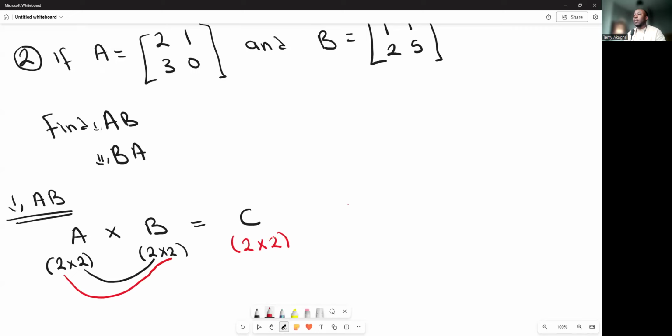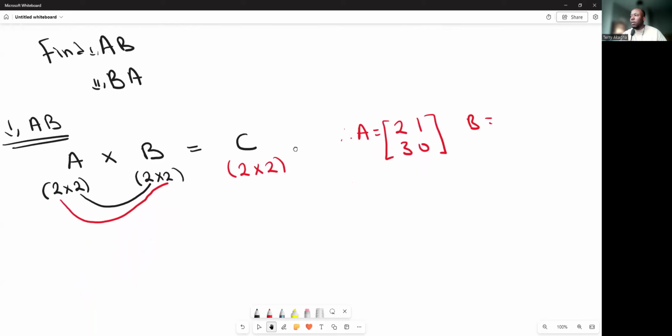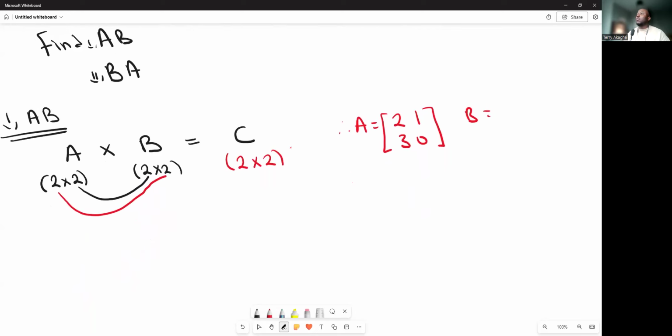So we know that the A we have here is 2, 1, 3, 0. And we know that the B is equal to, I think it's 1, 1, 2, 5. Yes, so it's 1, 1, 2, 5.